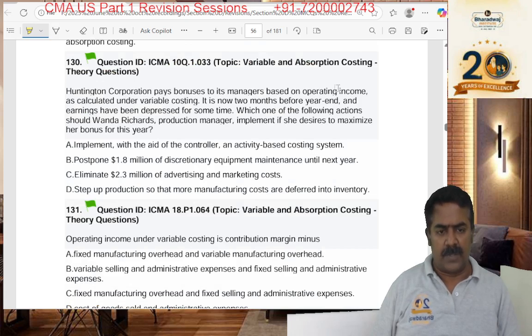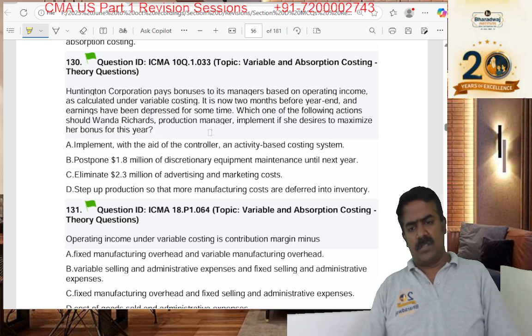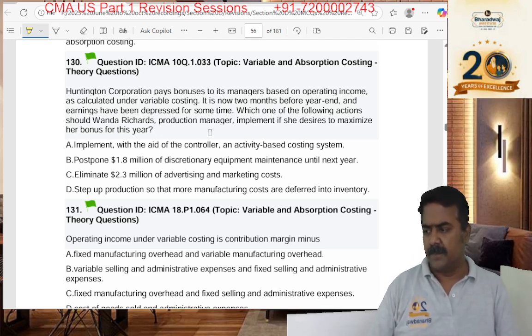They pay a bonus to the manager based on operating income calculated under variable costing. Two months before the year end, the earnings have been depressed for some time. Which one of the following actions will the production manager implement?